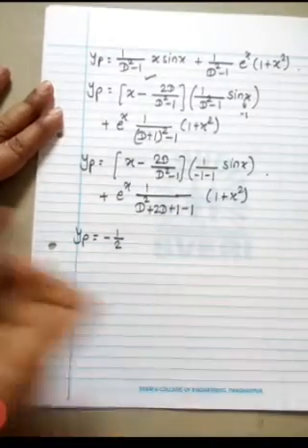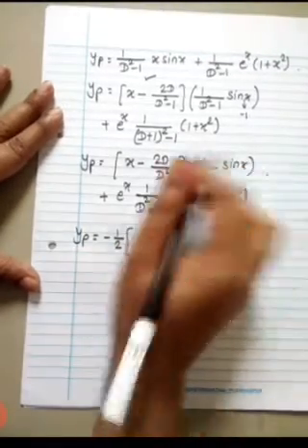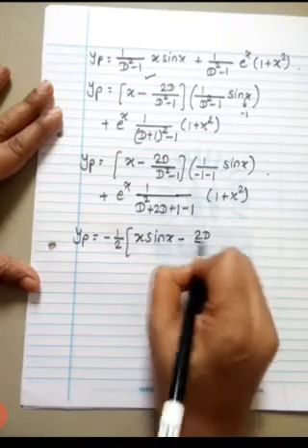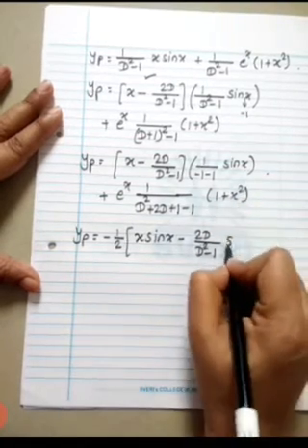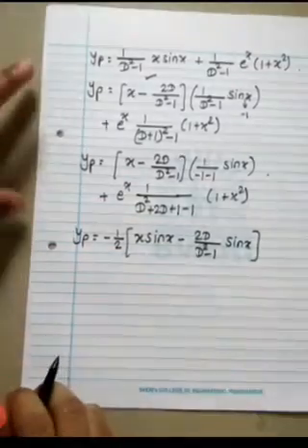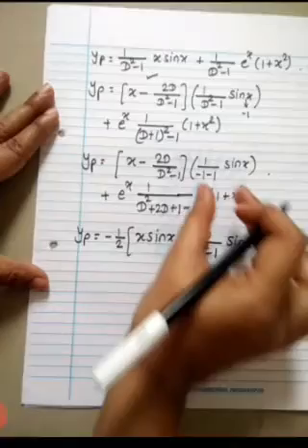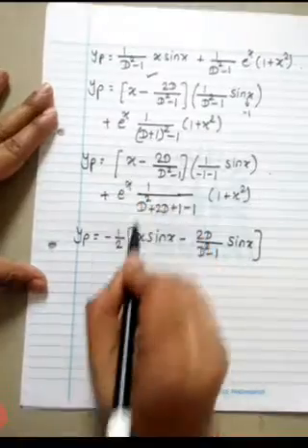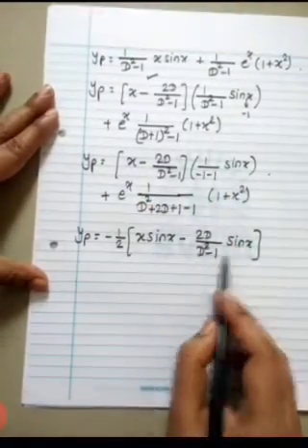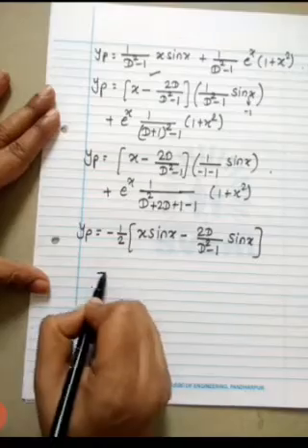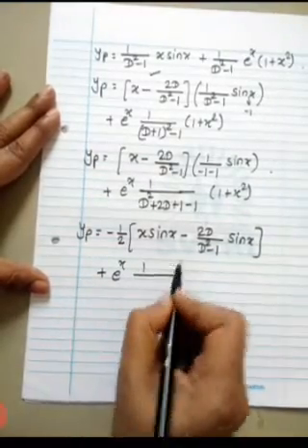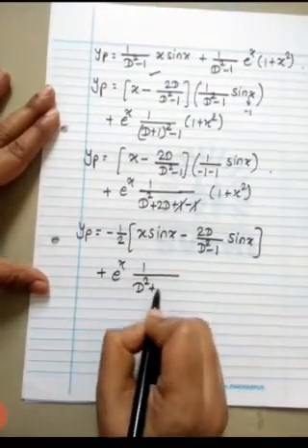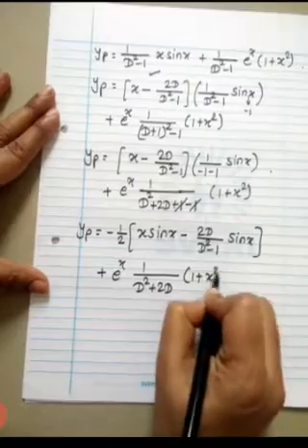Minus 1 upon 2 whole I can take out. Then it is just sin x. So x into sin x minus 2D upon D squared minus 1 into sin x. Okay, minus 2, 1 upon minus 2, whole thing is out. So it is just x sin x, this into this, 2D upon, okay, plus e raised to x, 1 upon plus 1 minus 1 cancels, D squared plus 2D into 1 plus x squared.